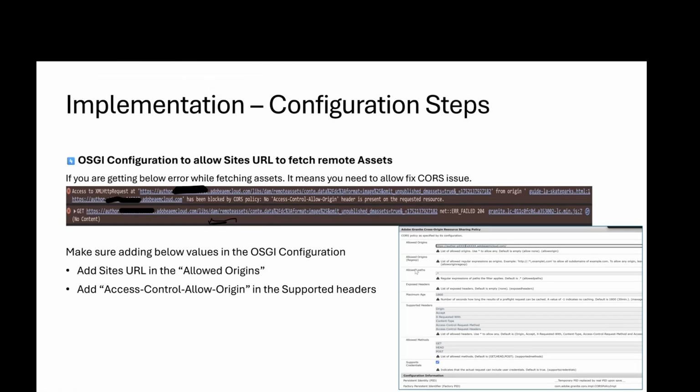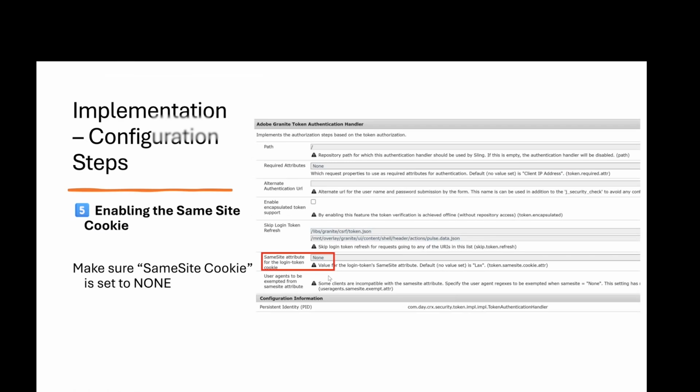Once you are done with the changes, you also need to touch one more configuration. We also face some CORS issues related to the SameSite cookie, because both environments are running on different URLs, so you might face this challenge.